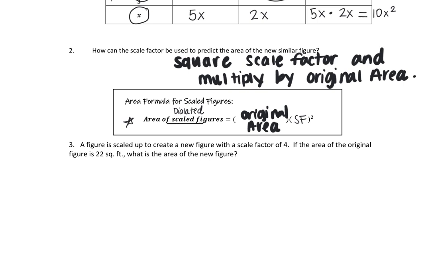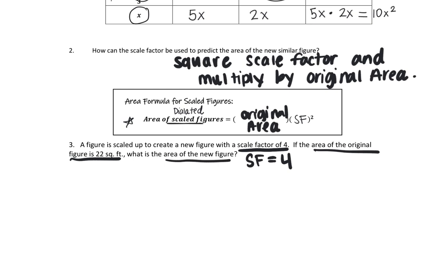I see it says a figure is scaled up to create a new figure with a scale factor of 4. So my SF, my scale factor, is 4. It says if the area of the original figure is 22 square feet, what is the area of the new figure? Okay, so I want to find the area of the scaled figure. I'm going to write, SF is 4.